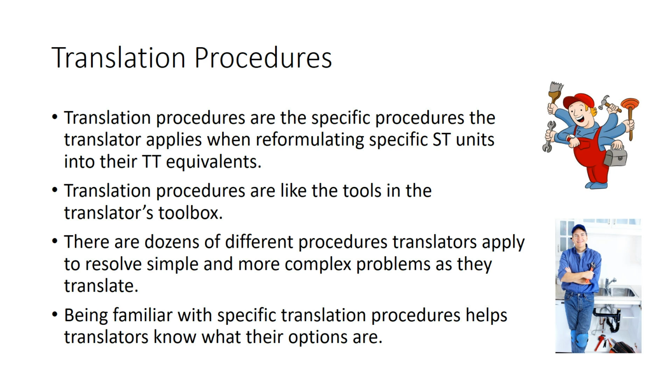There are dozens of different translation procedures that translators apply to resolve simple and more complex problems as they go. So there literally are dozens. And there is a reading that I can provide that has dozens of different translation procedures. It's like a handyman that has a lot of tools in his or her toolbox, right?